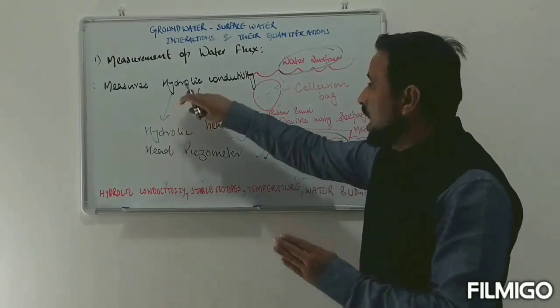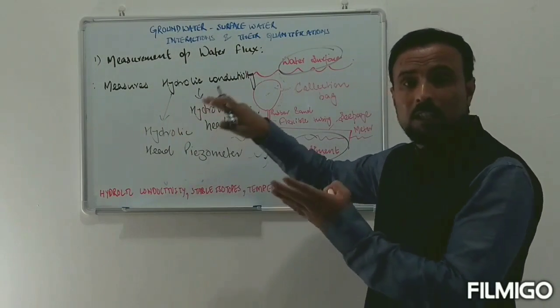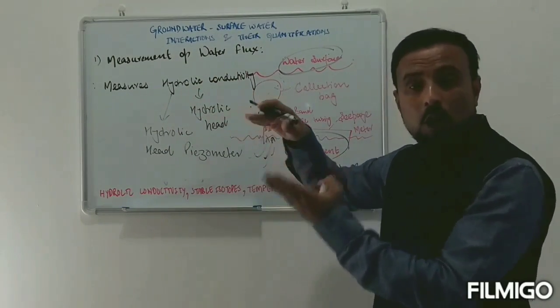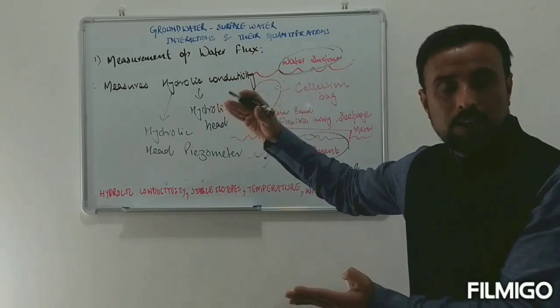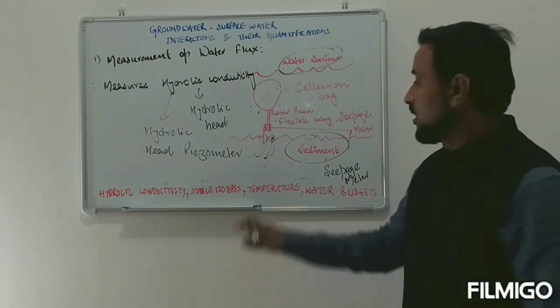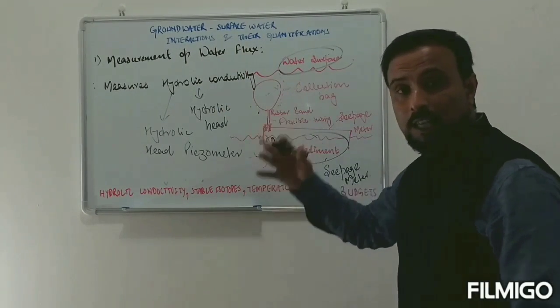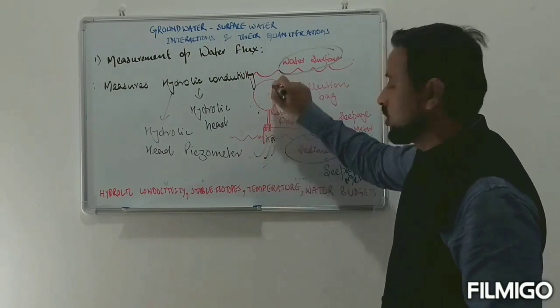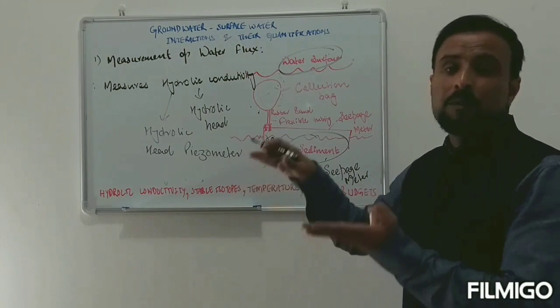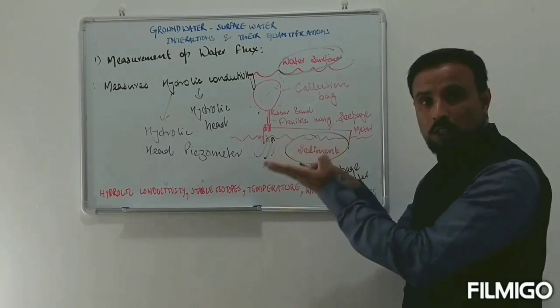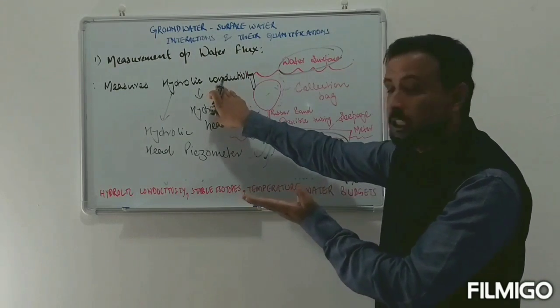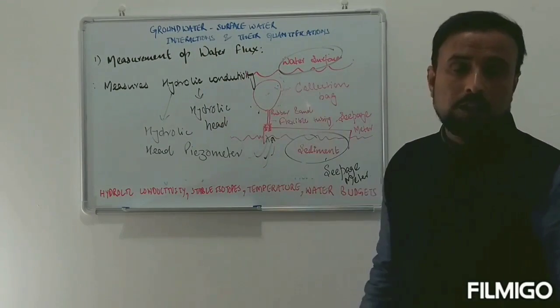So the hydraulic conductivity of the groundwater layer and the surface water layer are different. When the groundwater goes into the collection bag in a gaining stream, you will find there is a difference between the groundwater hydraulic conductivity and the surface water conductivity.